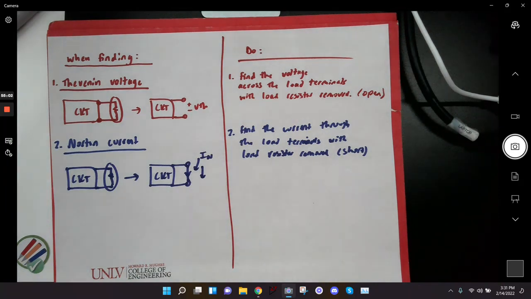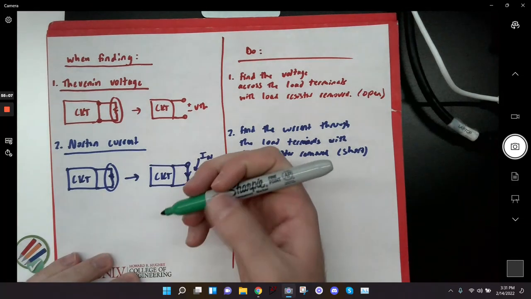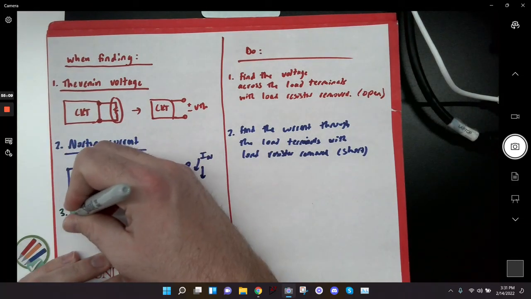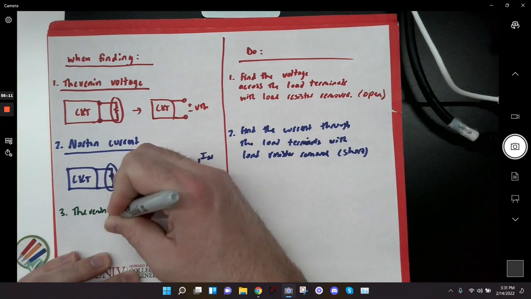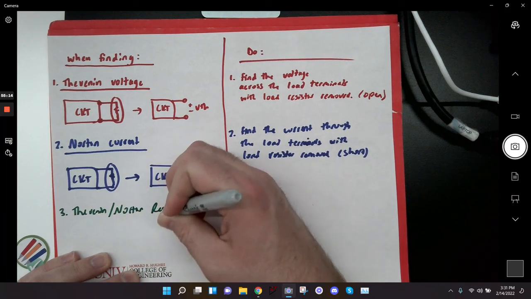And then last but not least is my Thevenin resistance, or Norton resistance.